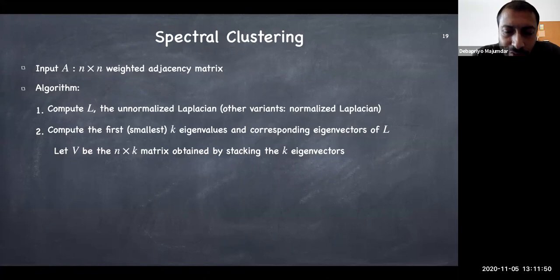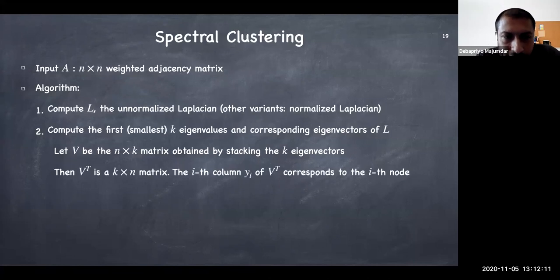In practice, you have to compute k plus something eigenvalues so that you see a gap after k. Assuming you know where the gap is, you can just work with k eigenvectors. So let V be our n cross k matrix obtained by stacking the first k eigenvectors. And we can compute V transpose, which is a k cross n matrix.